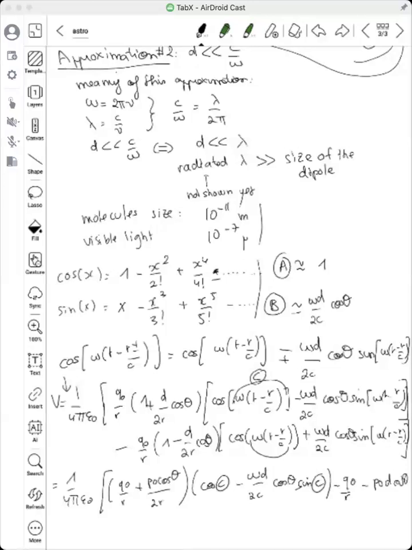I told you it's a bit technical, this part. And here I have cosinus plus omega D over 2C cosinus theta sinus.